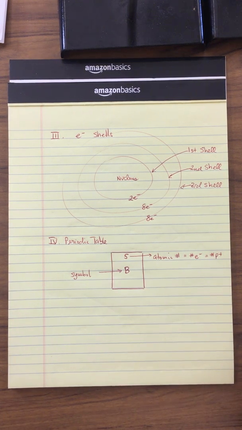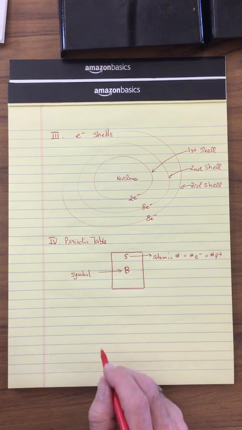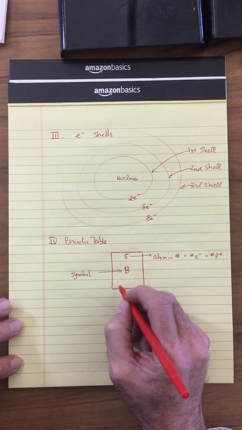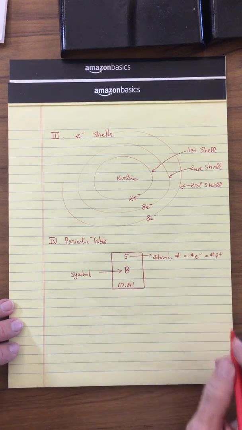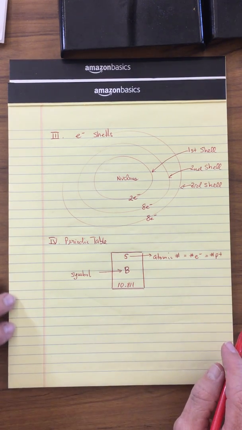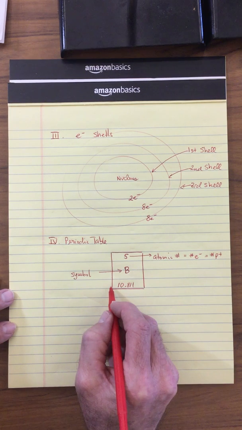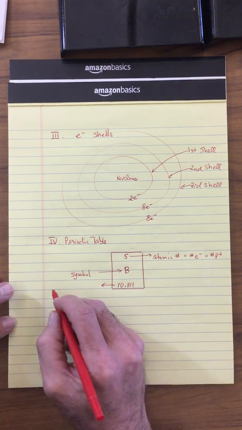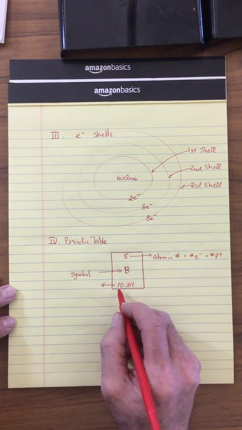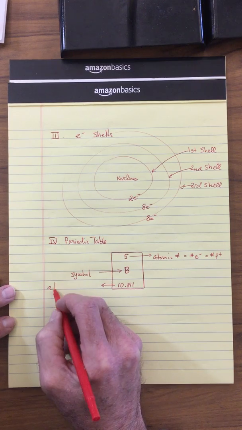If you look at the bottom of the tile of boron, you'll notice a long number. It's 10.811. Okay, and this number represents the atomic mass. How much does this atom weigh? It weighs this.